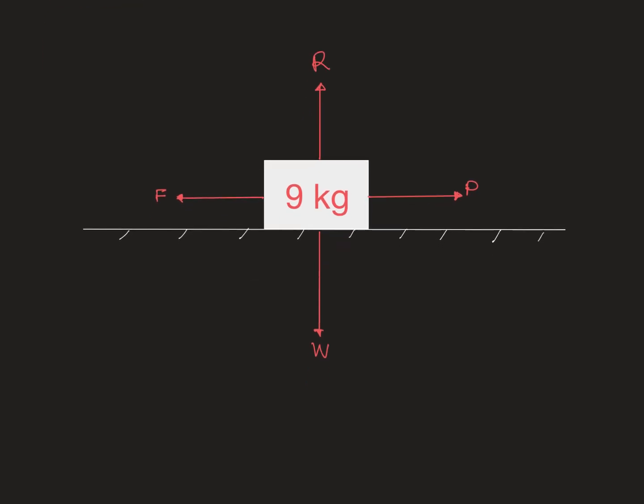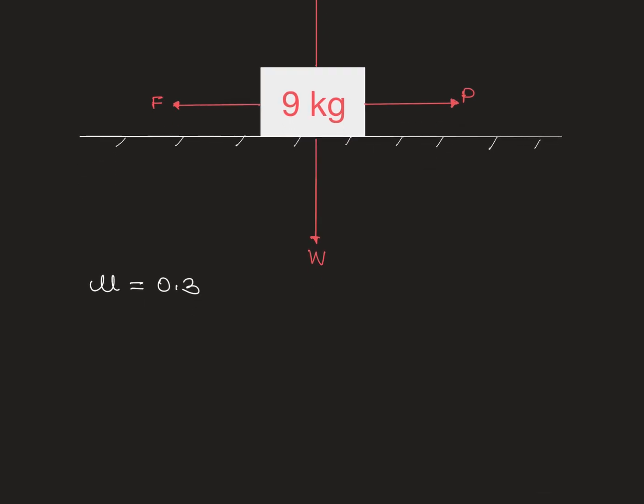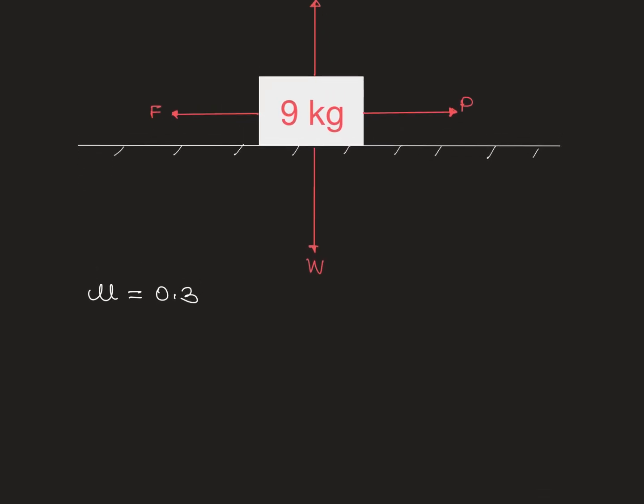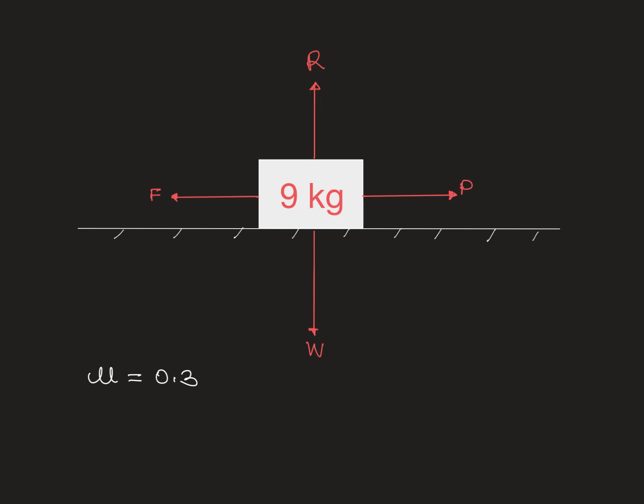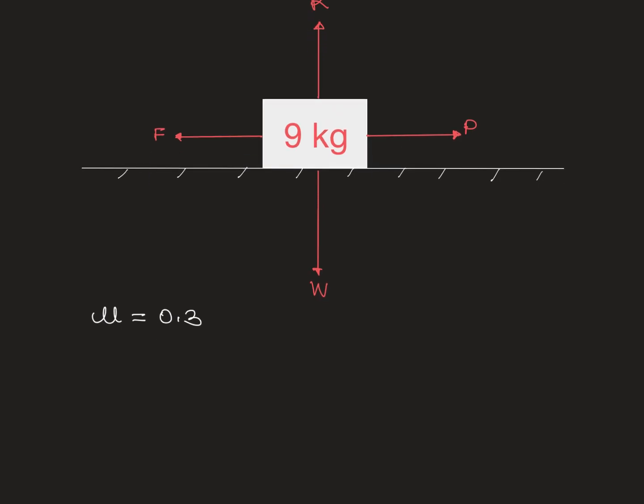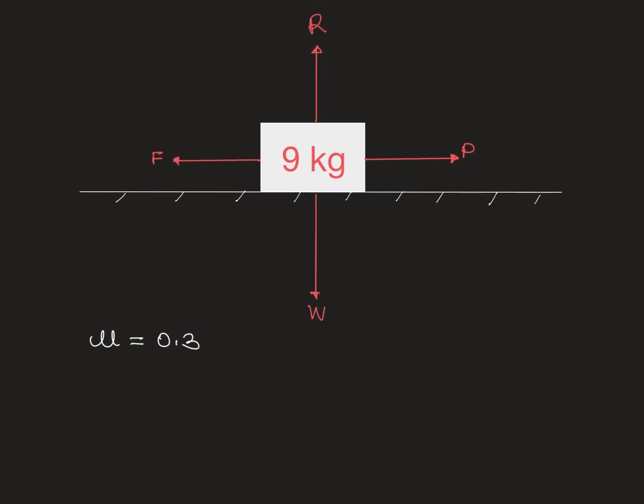So for the first instance, we have the applied force acting horizontal to the surface. The coefficient of friction given in the question is 0.3. If this body is at limiting equilibrium, the applied force P is going to be equal to the frictional force.